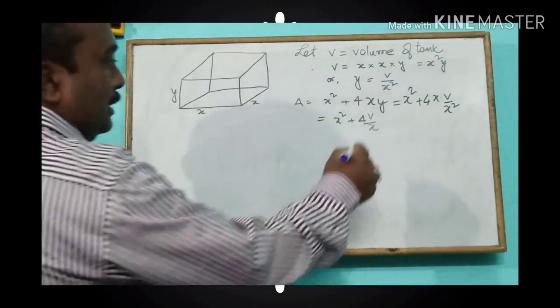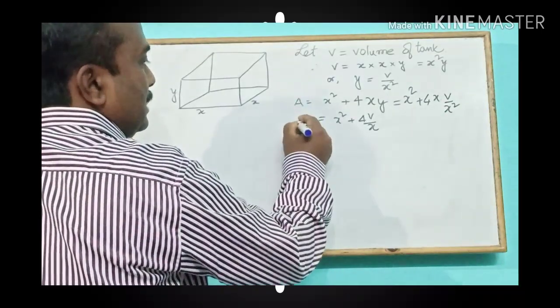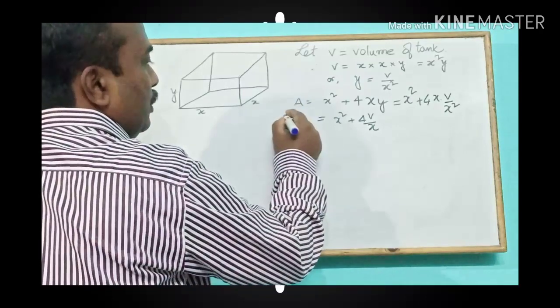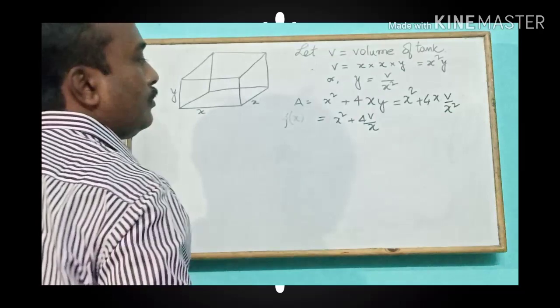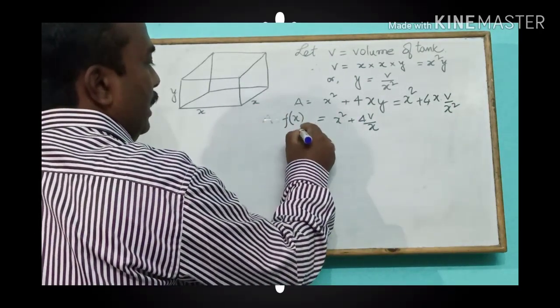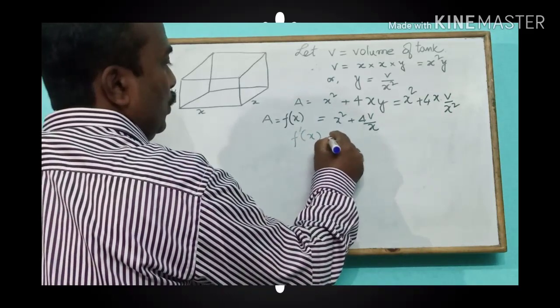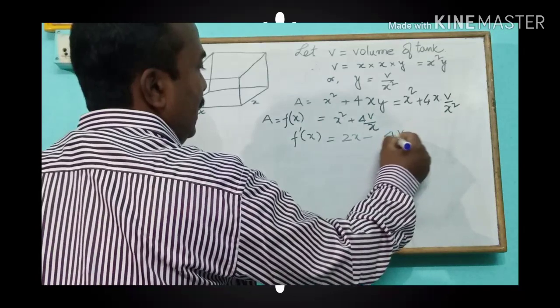Now since this is a function of x, let us write A as a function of x. So our derivative will be f dash x equal to 2x minus 4V by x square.